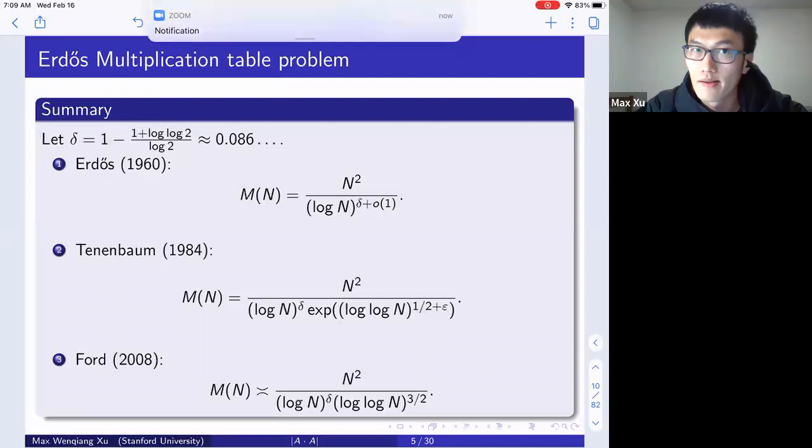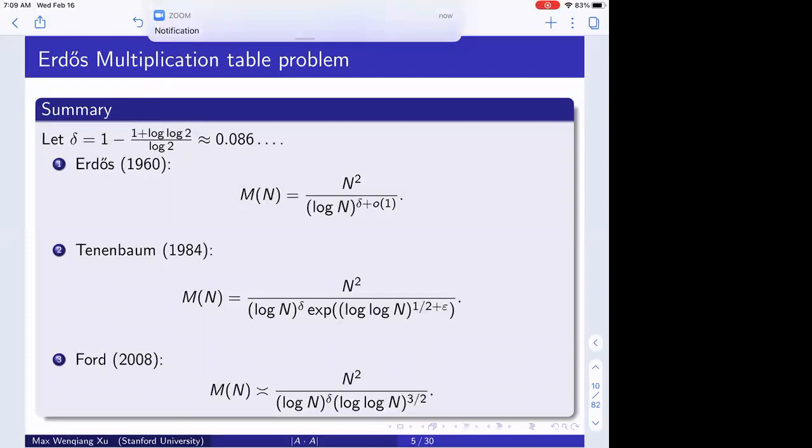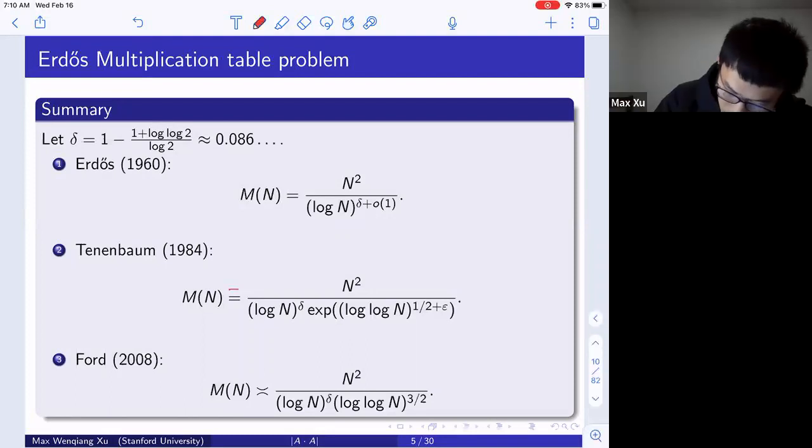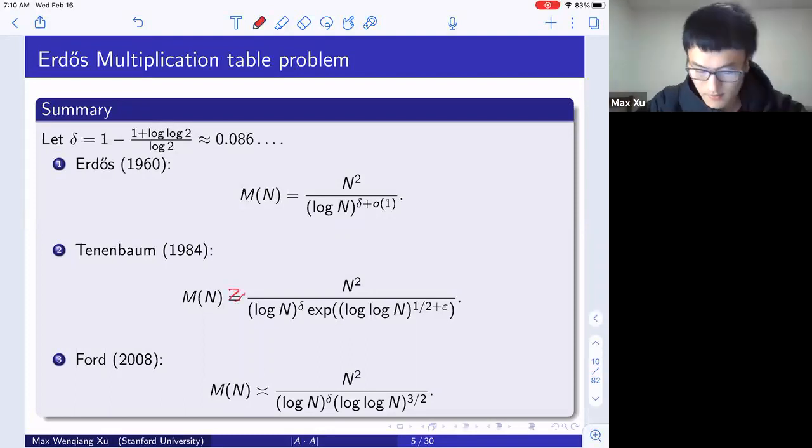So Erdős's result is upper and lower. The Tenenbaum result that is listed here is only a lower bound. I see. It should be greater than equal. Yeah. Okay. Thanks. Okay. Thanks for the comments.